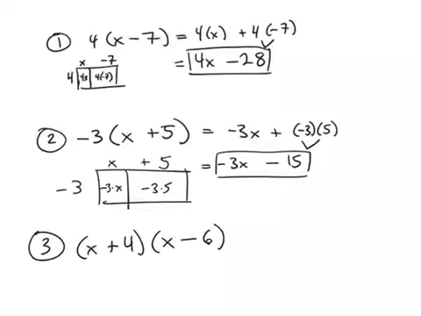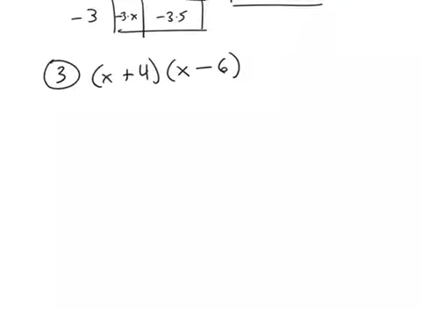Okay. Next is x plus 4 times x minus 6. All right. I'm not even going to draw the model this time, I'm going to think, okay, first I'll distribute this x times x, and x times a negative 6. So this negative sign right here is what I'm going to try and be very careful about.